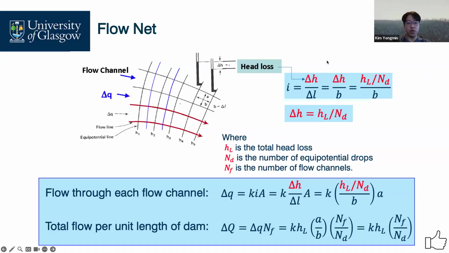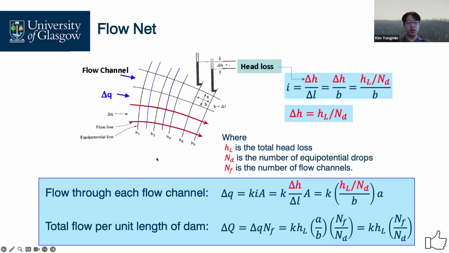So the hydraulic gradient is delta H divided by delta L, the travel length, which is B, right? The element size. And the head loss can be represented by the total head loss divided by the number of equipotential drops.